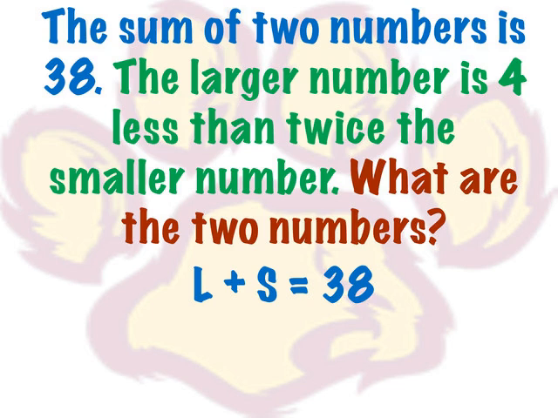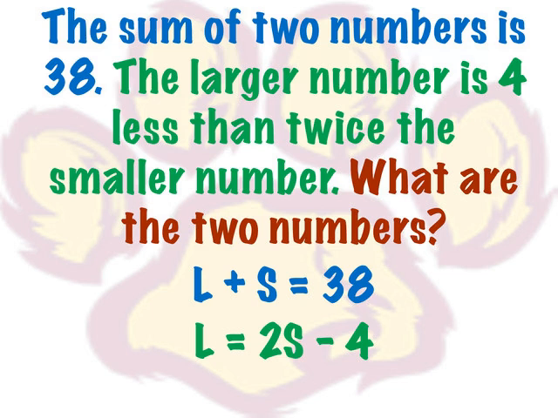So our equation is going to end up as L equals 2 times S, or 2S, minus 4. So there are our two equations. Now, the problem is asking, what are the two numbers? So in this case, we have to solve for both L and S. If it was asking for just the larger number, we would need just L, or if it was asking for the smaller number, we would need just S.